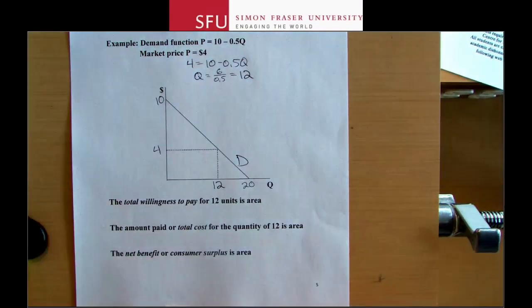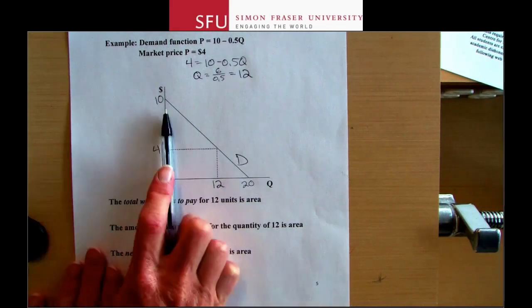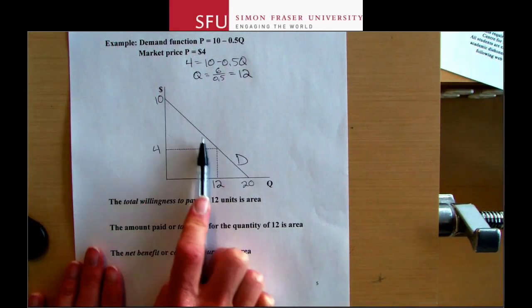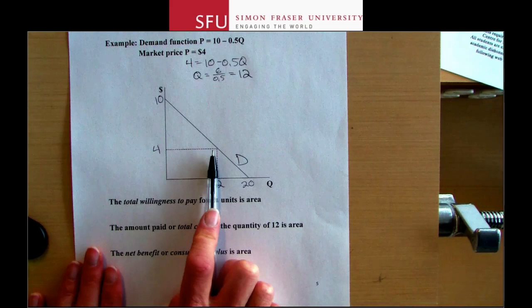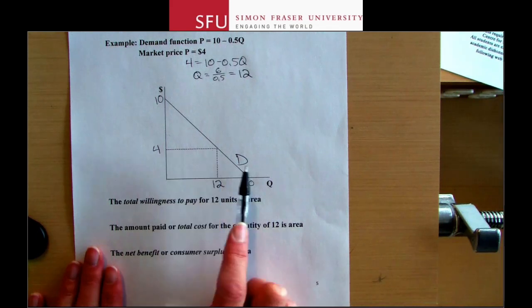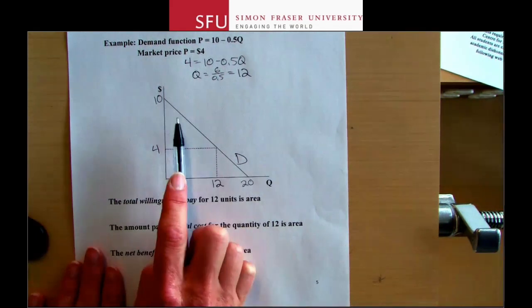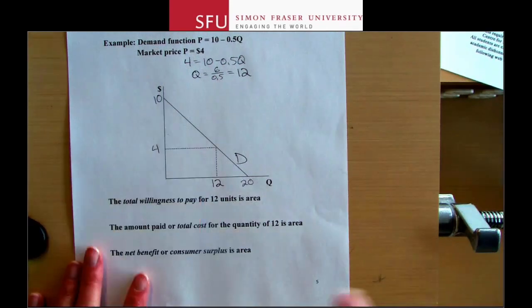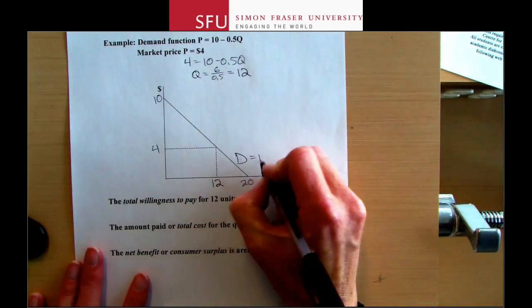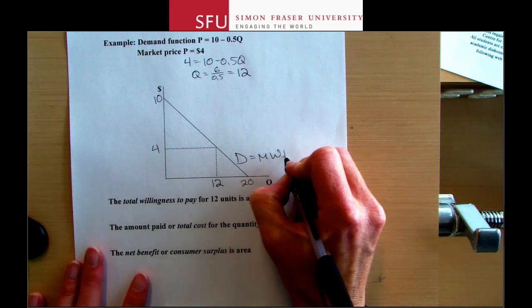All right, now for the consumer, the area under the demand curve tells us the total willingness to pay. Each point along the curve represents the marginal willingness to pay.